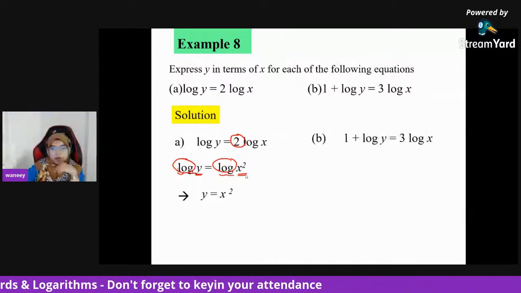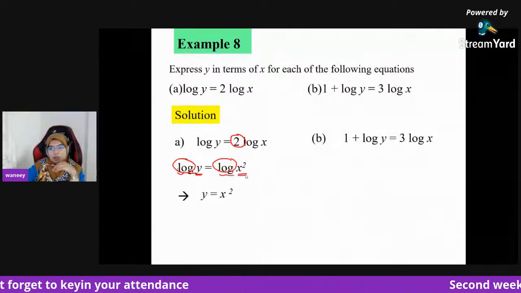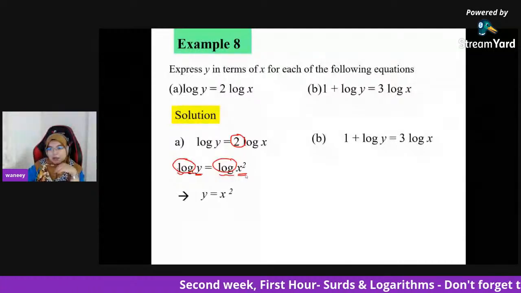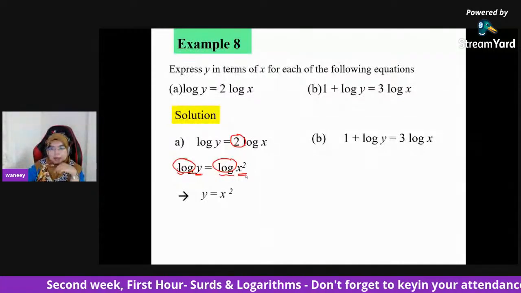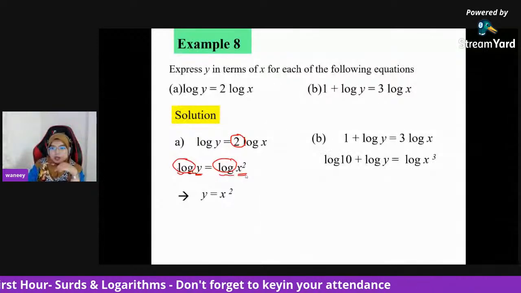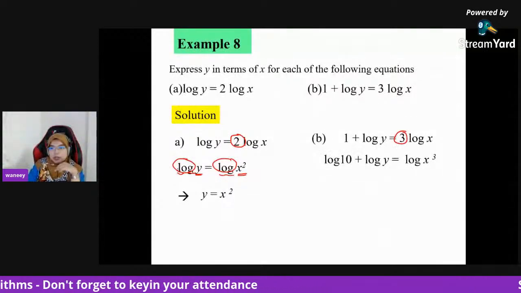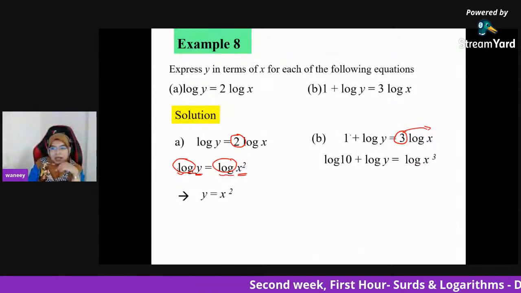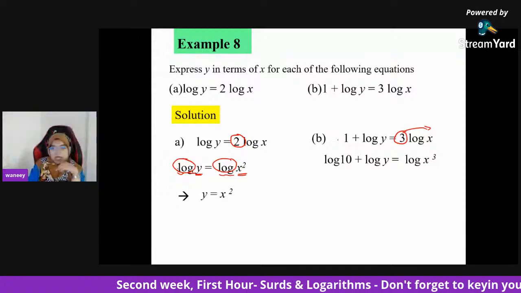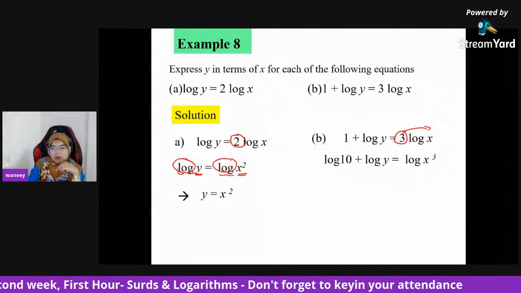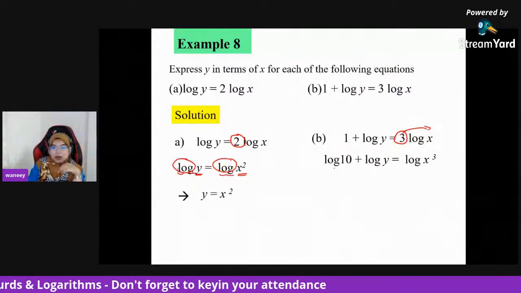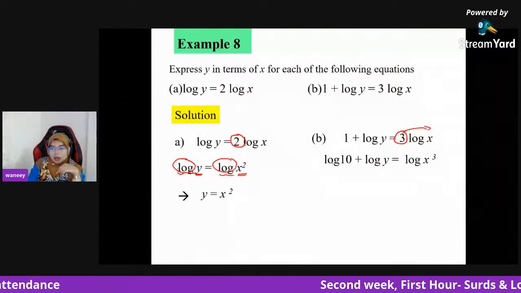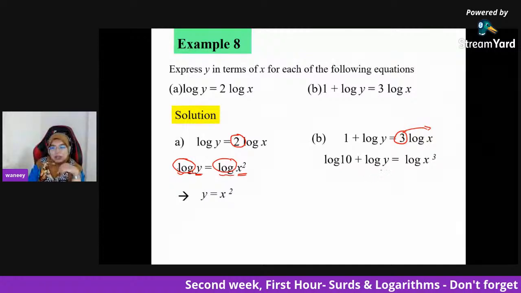Next, we have 1 plus log y equal to 3 log x. So since I have some number in front of the log, I'm going to bring them up. Okay, so this number, bring them up, so it will become log x cubed. And then to get a log, I want to change everything into log. So that is how we change the 1 to log to the base of 10, 10. So log 10, 10 is equal to 1. Okay, so now we have a log plus a log. So now we're going to use the rule for them.